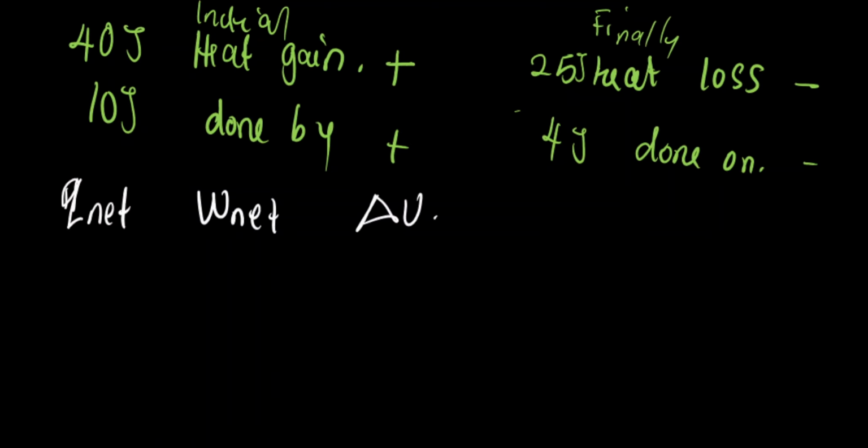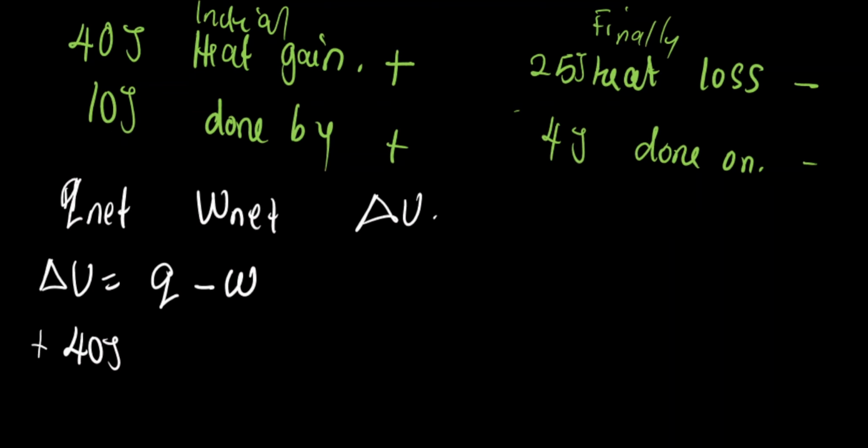Now, another way to solve the question is to work with the internal energy change of each of the processes, and then sum them up. For that, the change in the internal energy would be the heat minus the work. So we would have positive 40 joules minus positive 10 joules, and this would give us 30 joules.